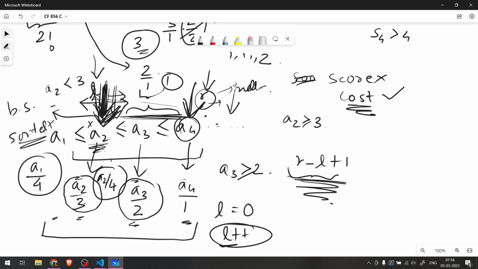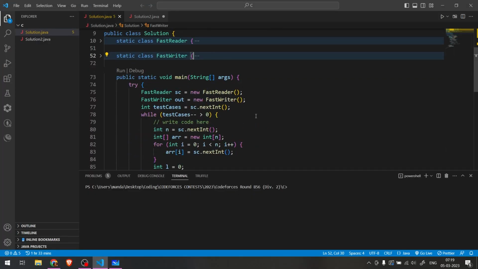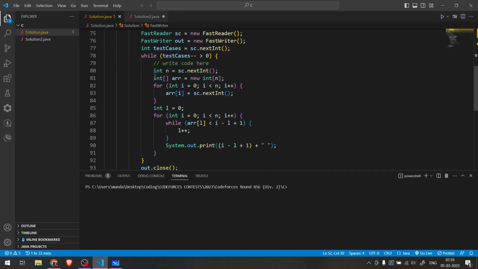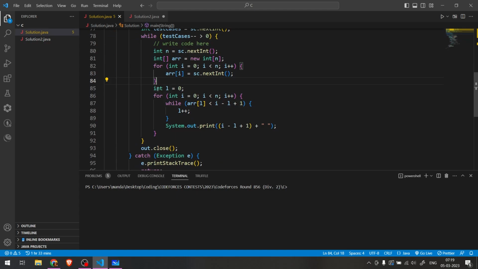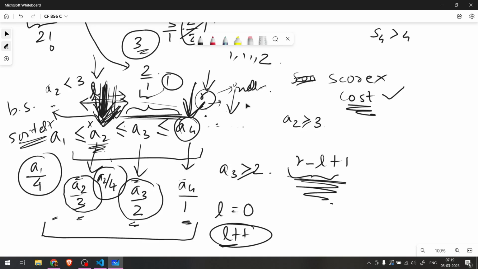So let's look at the code. Here I've taken the array and I've set the L pointer to 0, and this is my second iteration where I'm actually doing the operations. And while ARR of L is less than the length, why am I saying less than the length?